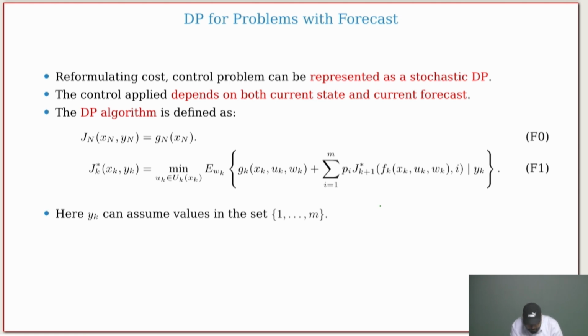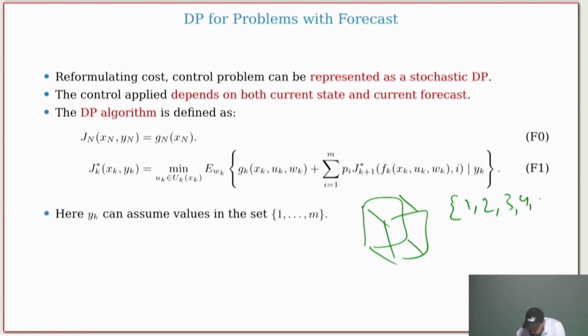If you have a 6-sided die, then the possibilities you have are 1, 2, 3, 4, 5, 6. So you can think of m as 6. And with the forecast, it will follow a certain distribution of the die. Now the die may be uniform, the die may be biased, whatever. It is a discrete distribution.